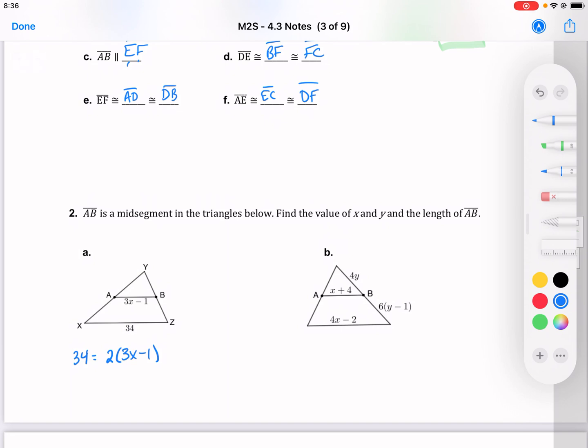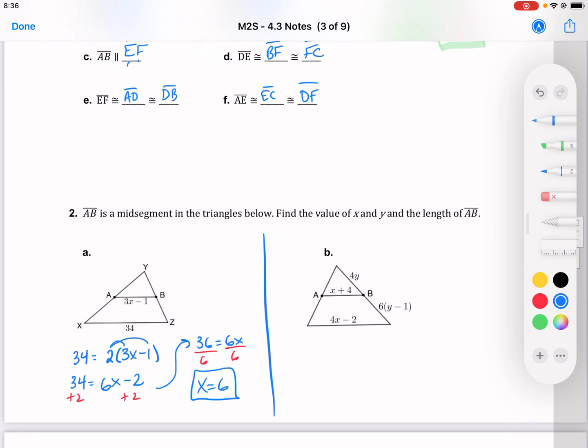If I multiply the 3x minus 1 by 2, they will be equivalent because it's twice as big. So I'll distribute, so I get 6x minus 2, then add 2 to both sides. So 36 equals 6x. I'll divide both sides by 6, so x equals 6, or 6 equals x.